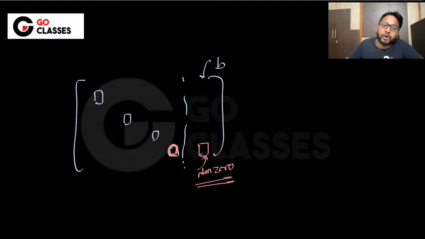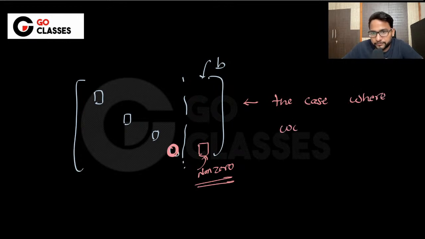That's the only reason you are not able to solve for some b, right? So that is the case where we are not able to solve for some b.